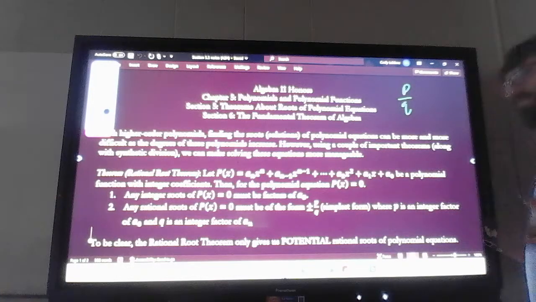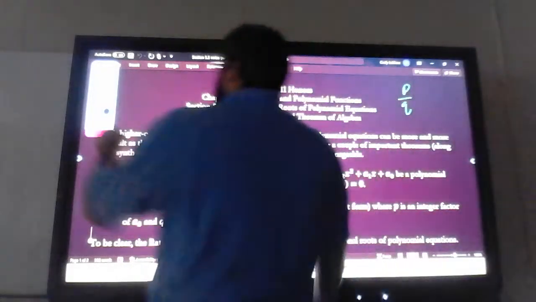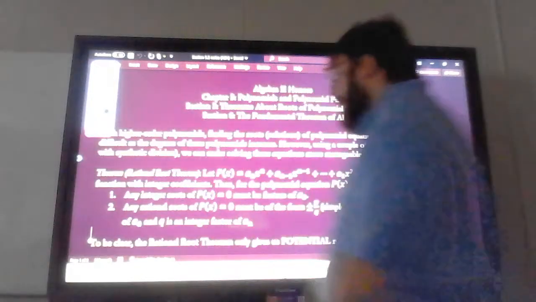In other words, a rational number is a fraction, any number that can be written as a fraction in simplest form.